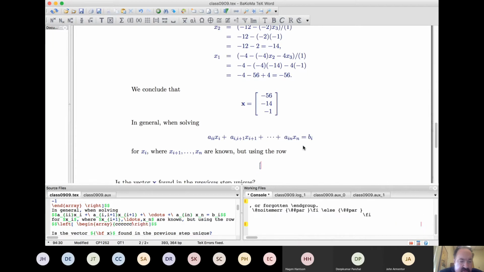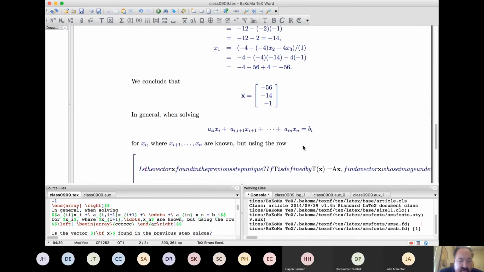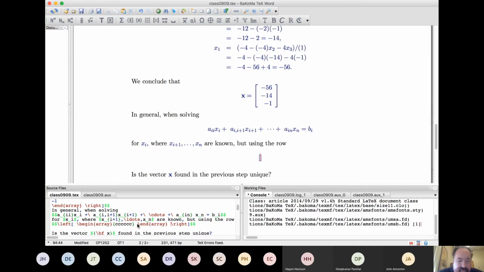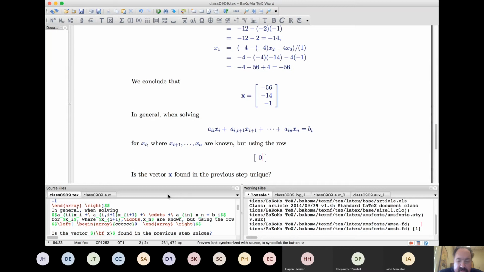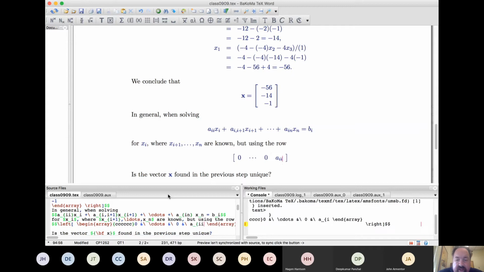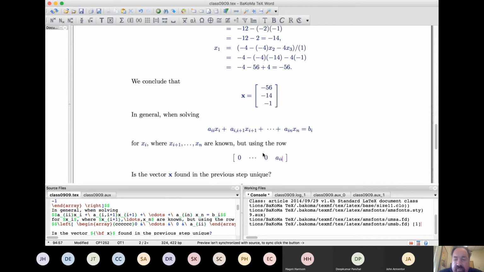So yeah, you'll have some zeros most likely, except for in the first row. Okay, and then you have the coefficient of what you're trying to solve for.